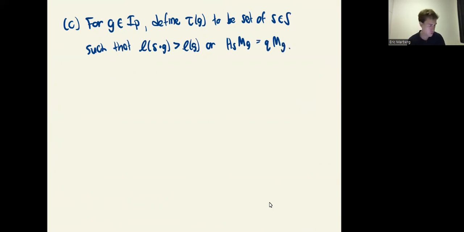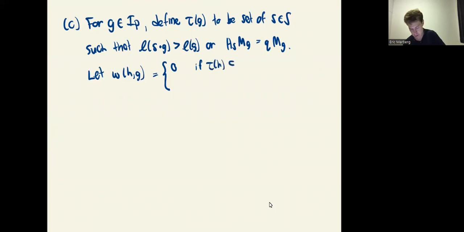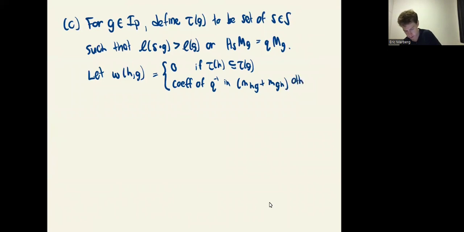And then further, let omega of H comma G be either 0 if tau of H is contained in tau of G, or else the coefficient of Q inverse in this sum MHG plus MGH otherwise.